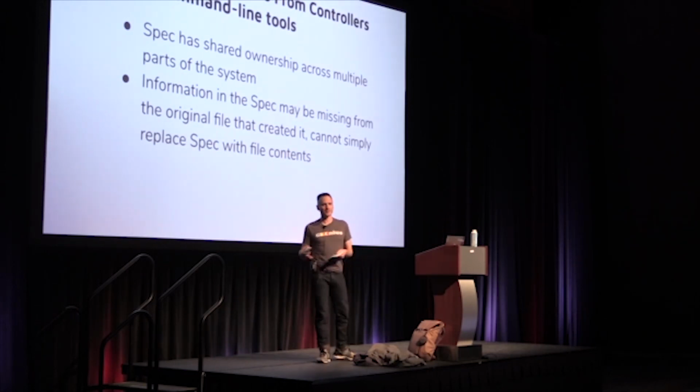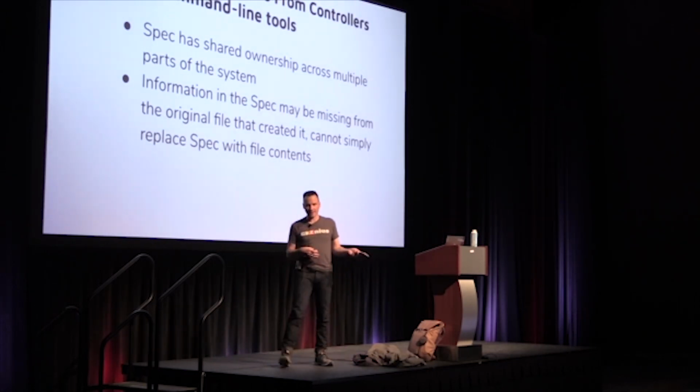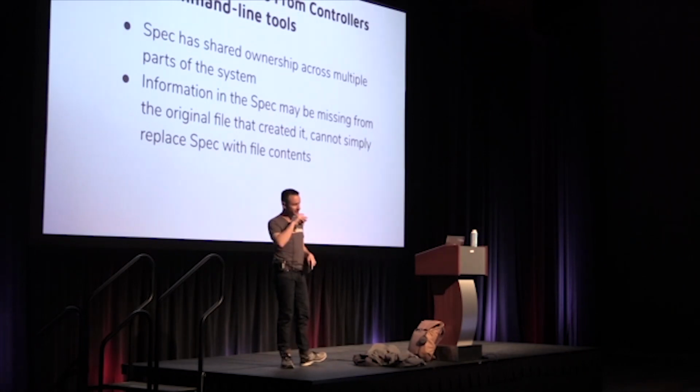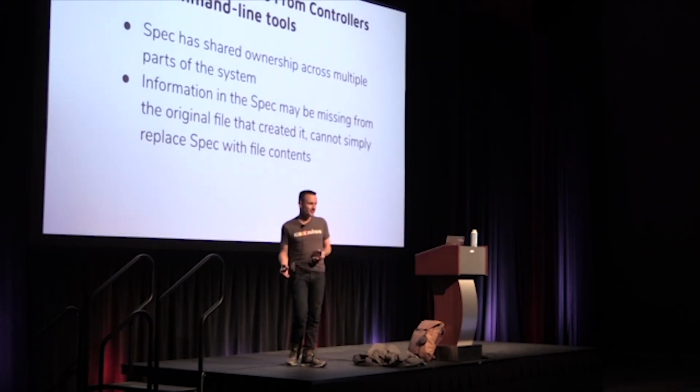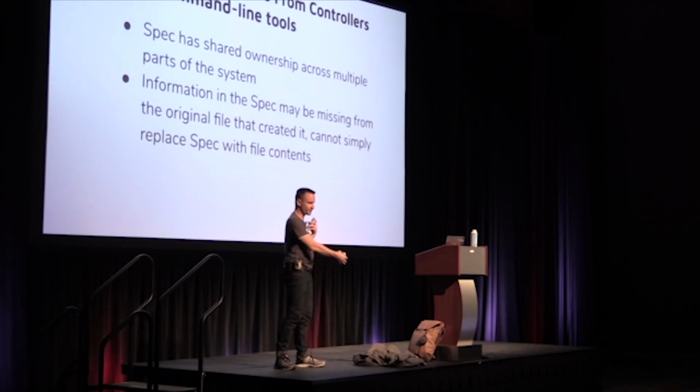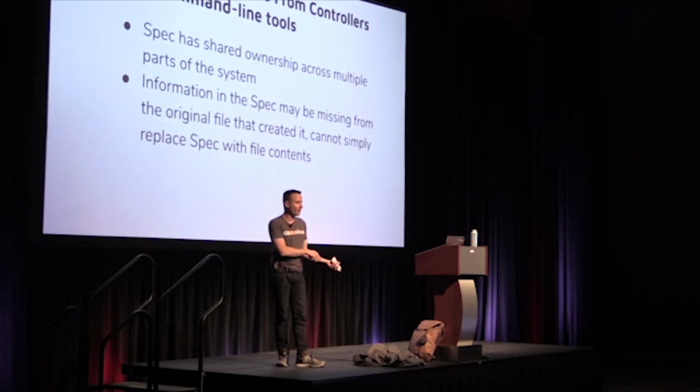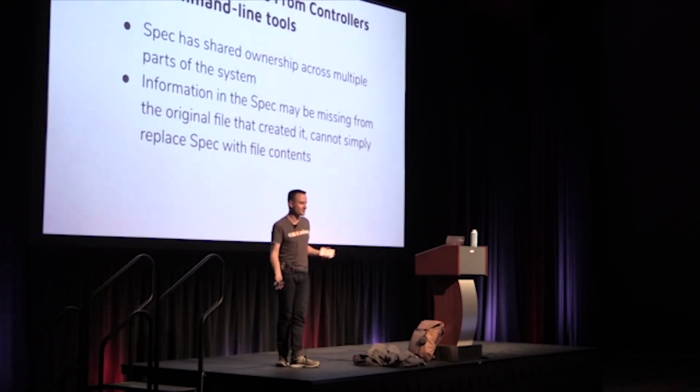So that's how we generate objects. So how do we update them? That's easy, right? Actually, it turns out it's a little more tricky than you might expect. The spec is actually shared across different parts of the system. So while you may create a service, for instance, from your apply, you may apply a service.yaml, it creates the service. You say, hey, I own the spec, right? It's all in this file.